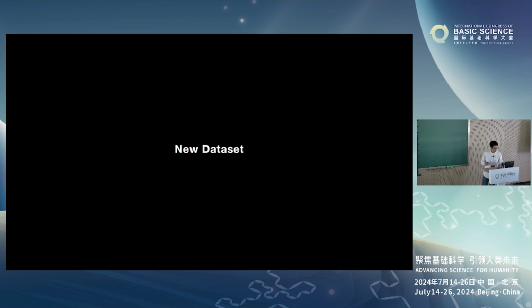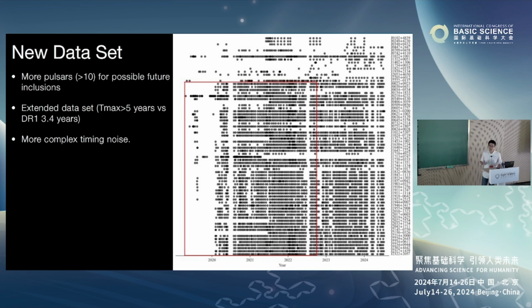And for the last two parts, I want to give you some predictions and expectations of the near future. The first thing is that we have new data sets. Compared with DR2, we now have nearly 2 years of new data. The data within the rectangle is the CPTA DR1, and compared with DR1 we have even more pulsars and more data.